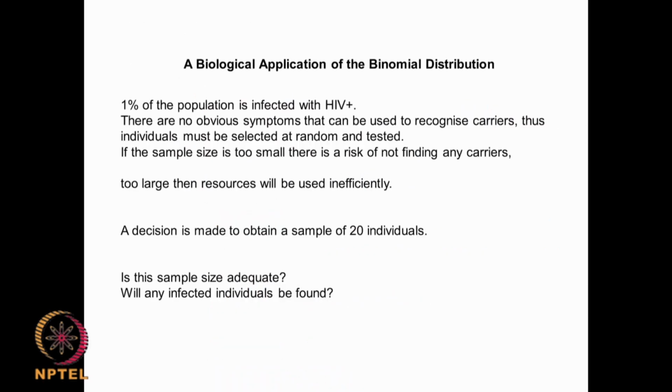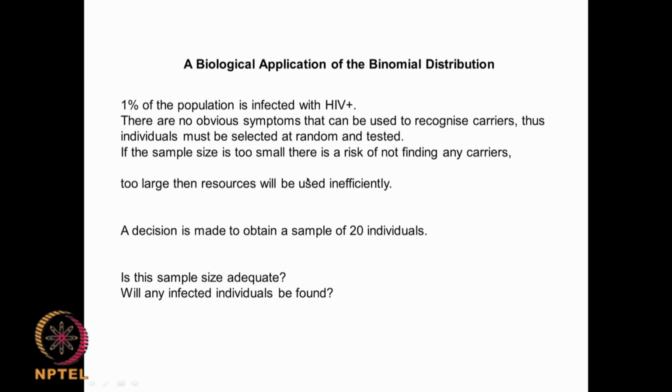Let us look at a biological application. Suppose 1% of the population is infected with HIV positive. I am just giving an example, maybe in a country 1% of the population is infected. There are no obvious symptoms that can be used to recognize the carrier. So we assume that if I look at somebody I cannot tell whether the person has HIV or not unless I do a detailed study.